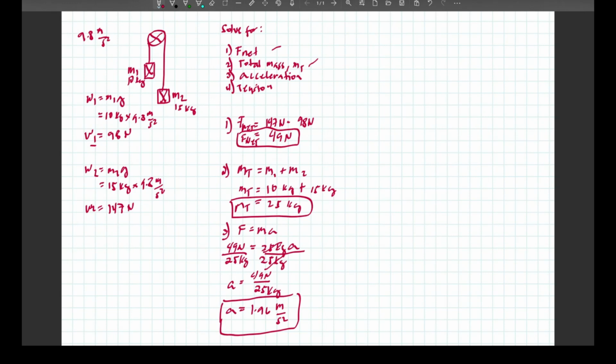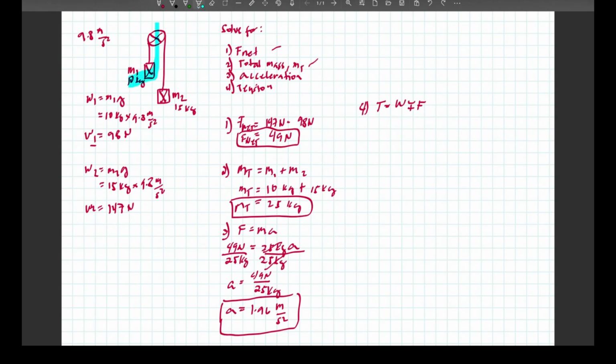There. So now let's try to solve for the tension. And that's number 4. So there are two ways we can solve this. The formula is T equals W minus or plus F. Okay, so again, we can divide this pulley problem into two systems.